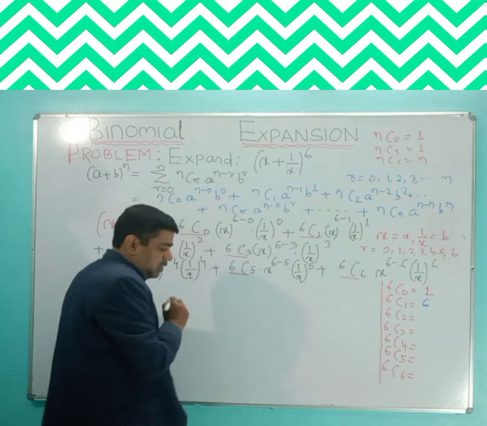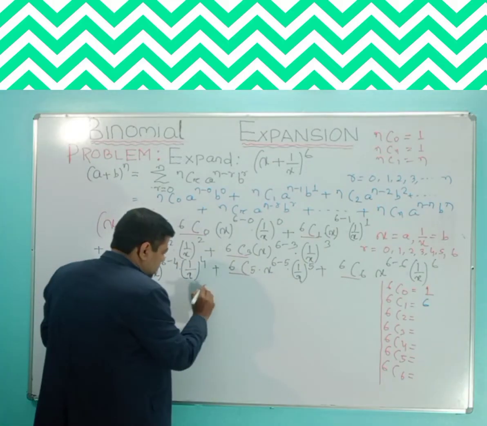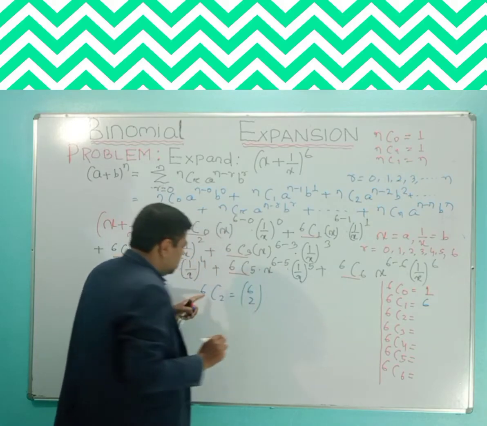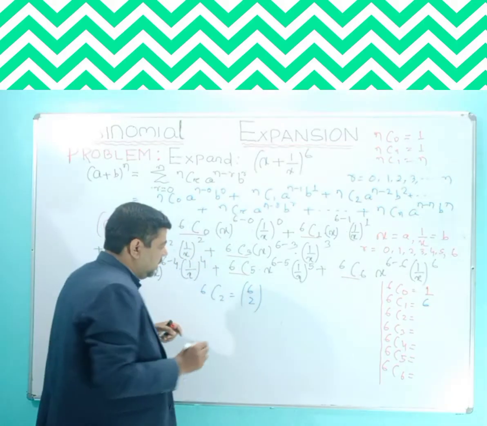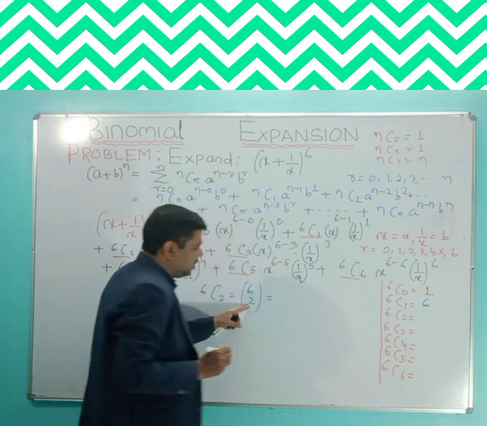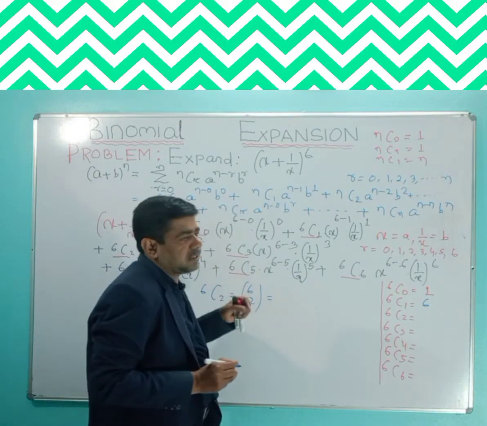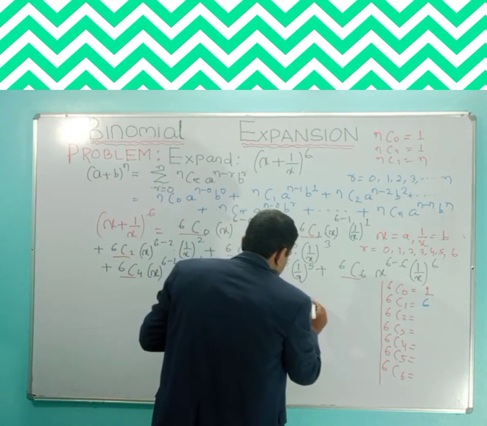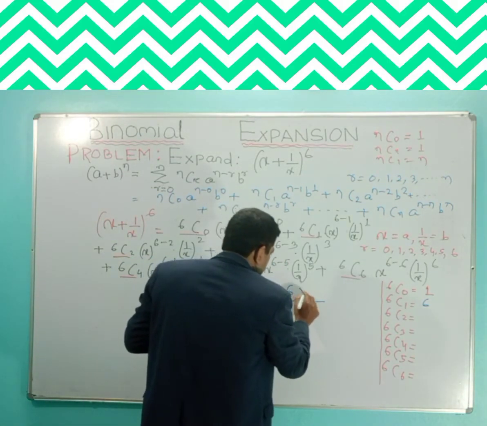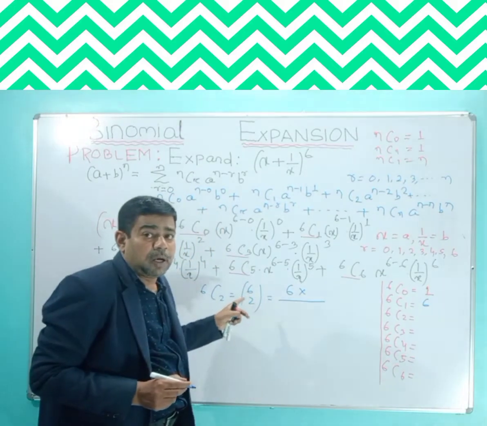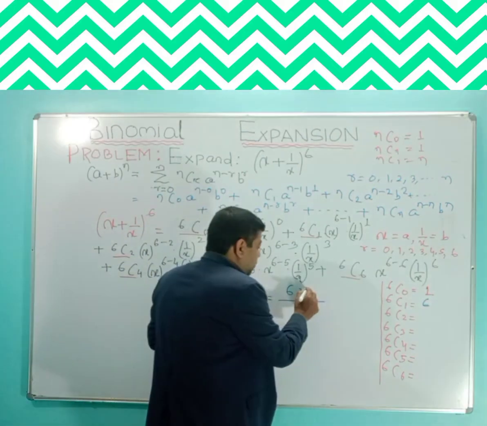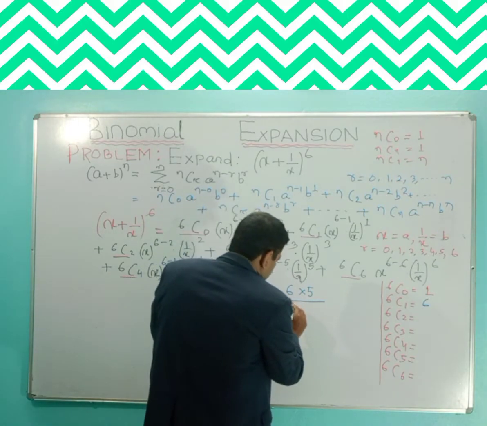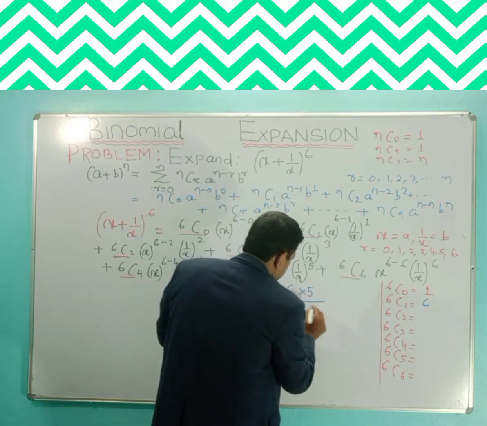And 6c2, how to find out 6c2? Let's see. 6c2 means the number is 2, so you have to multiply 6 in descending order, twice. Give the division sign here: 6 into 6 minus 1, which is 5, and the number is 2, so the product of the natural numbers 1 and 2.